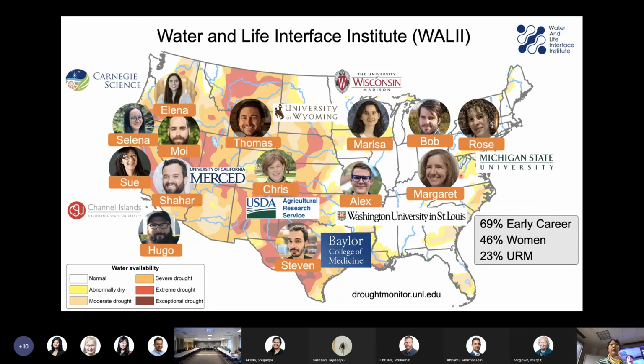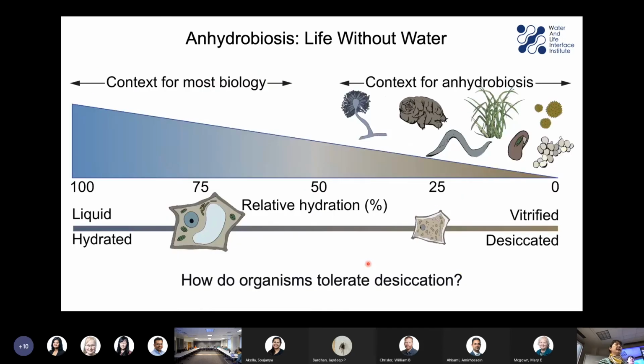We were really happy collaborating and wanted to continue our work, so we wrote a grant to NSF to form a biology integration institute. We're calling it Water and Life Interface Institute, or WALI. We brought in a few additional scientists, but basically we're a group of 11 labs distributed across the US. And we're really interested in studying what's called anhydrobiosis, or life without water.